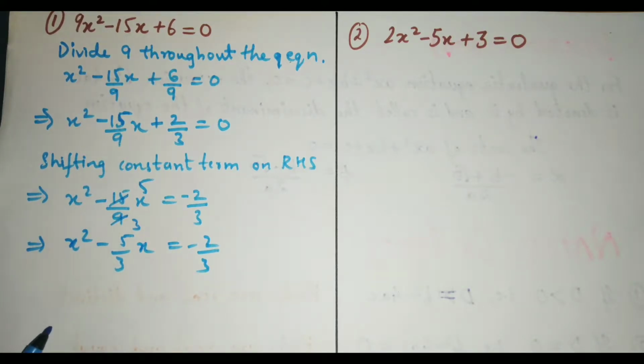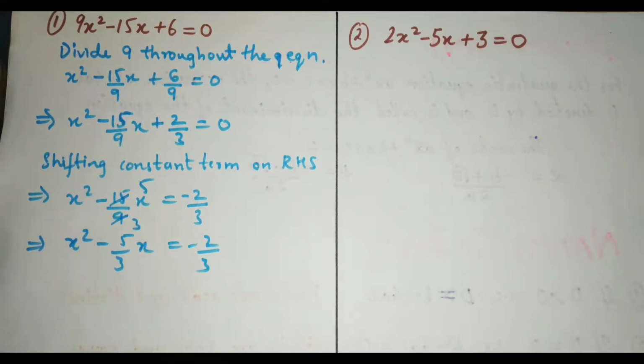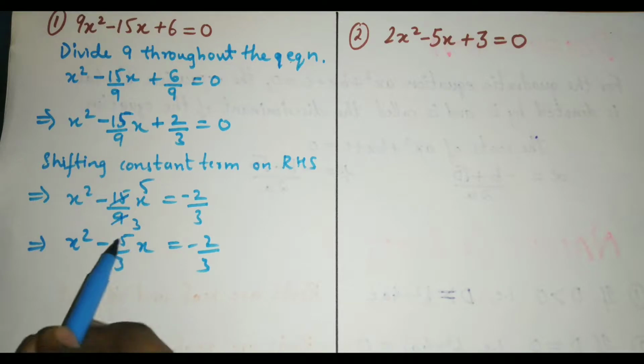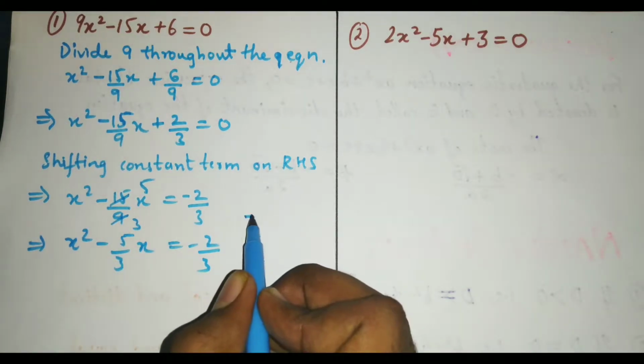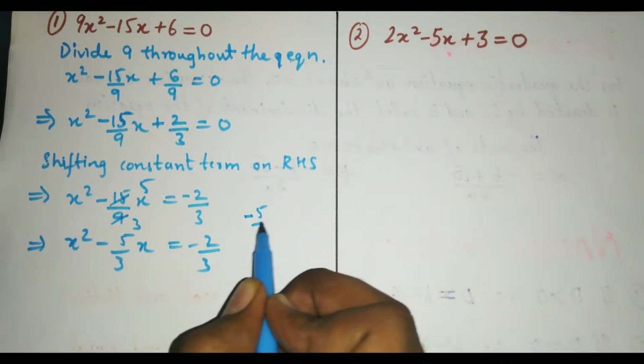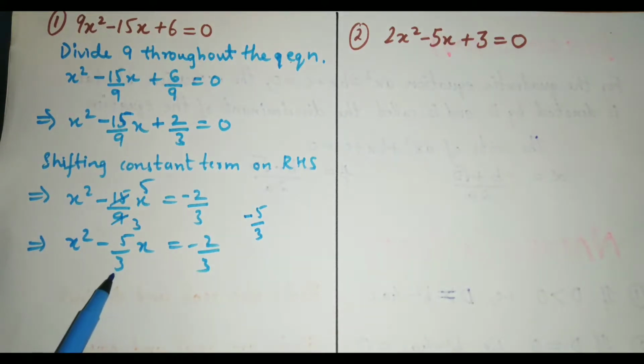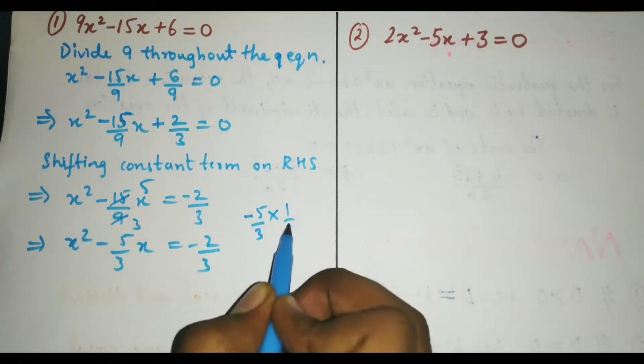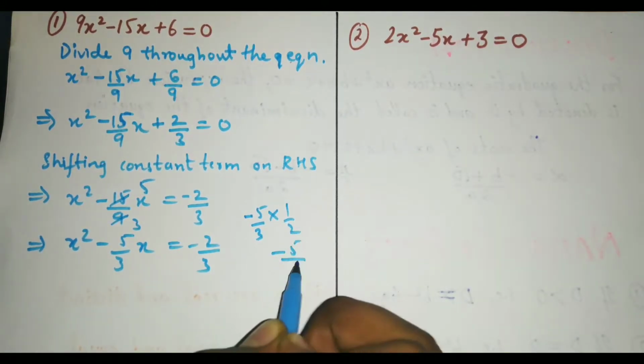Now what you have to do in this step is that you have to add the square of half of the coefficient of x on both sides. Half of this you have to do and add it to both sides. That means when you do half of this, we can see here, minus 5 by 3 is the coefficient of what? x. Half of this means you have to multiply with half. You will get minus 5 by 6.